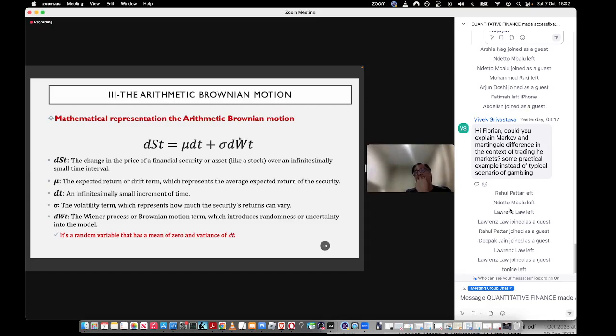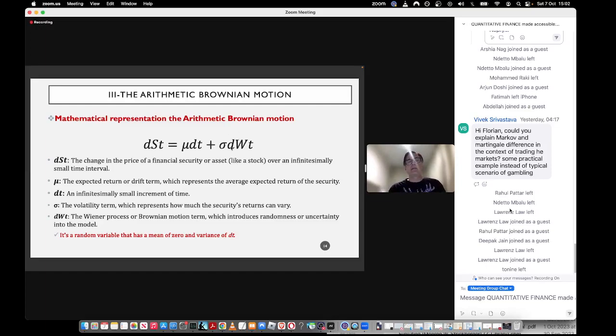But here it's not differentiable. Still, we have to find a way to solve this equation, and it's why you need the Ito lemma, because you can't use the classic chain rule of differentiating because of this random feature.